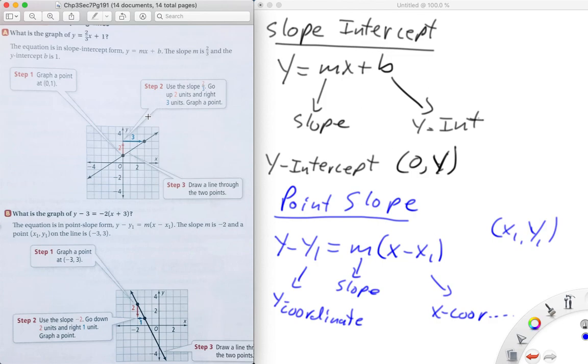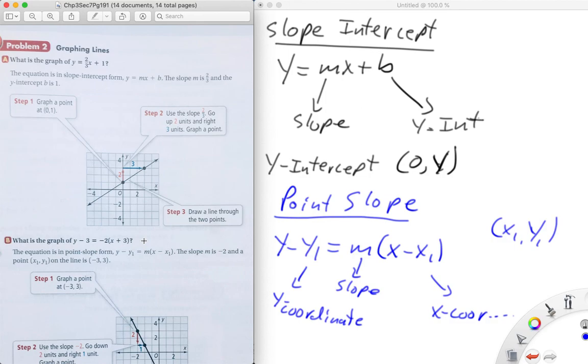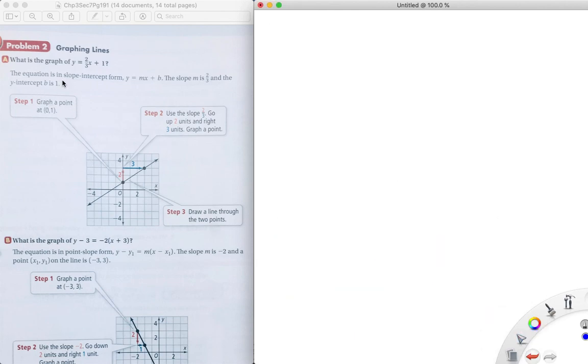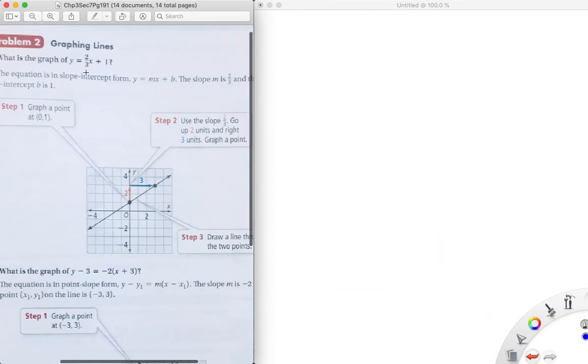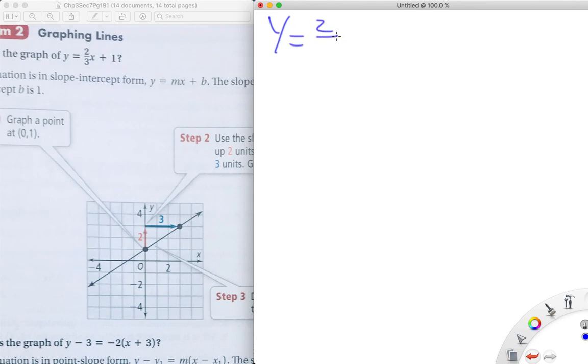Graphing one of these forms of lines is really easy. Here they give me an equation in the form of y equals 2/3 x plus 1.